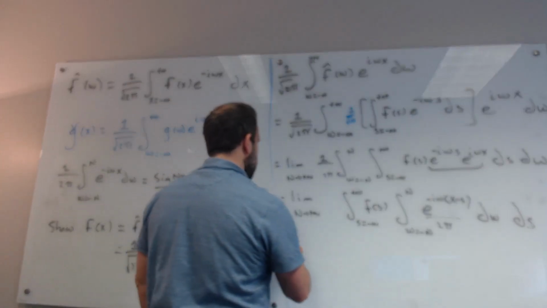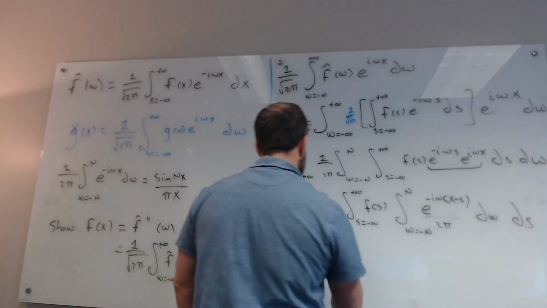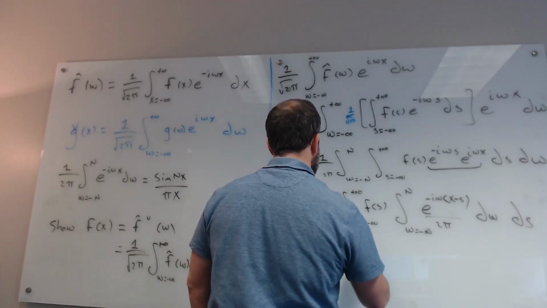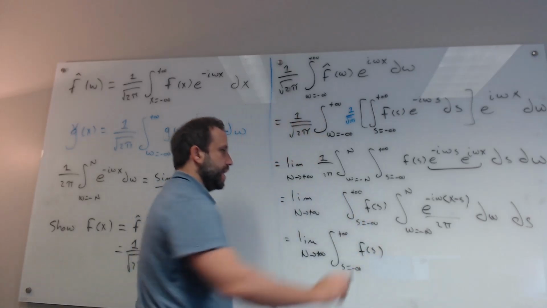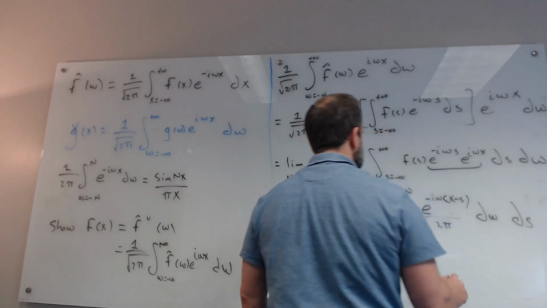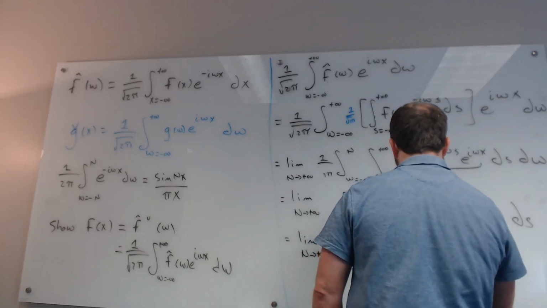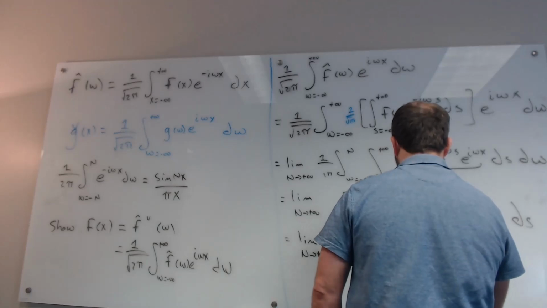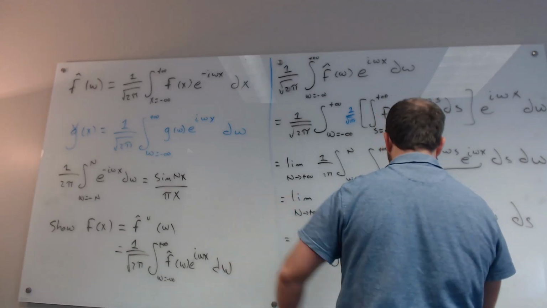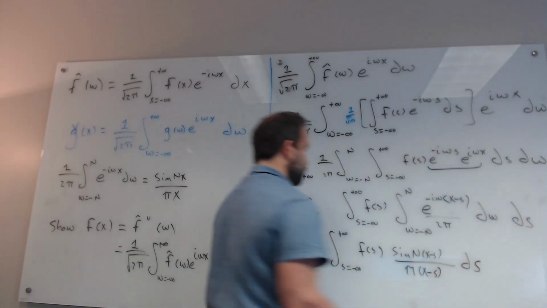And so now what we get is the limit as n goes to positive infinity of the integral from s equals minus infinity to positive infinity of f of s, and this integral right here is sine of n times (x minus s), over pi times (x minus s), and we're integrating with respect to ds.